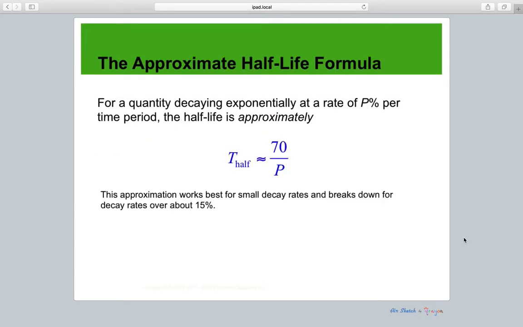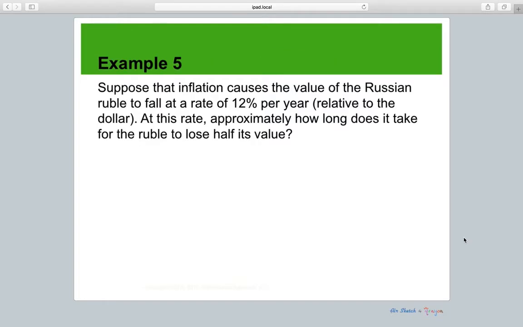Okay, so the approximation for halving time is the same as for doubling time. T-half is approximately equal to 70 over P, where P is the percent decay over a certain time period, and you only want to use this as long as P is below 15. So suppose that inflation causes the value of the Russian ruble to fall at a rate of 12% per year relative to the dollar. At this rate, approximately how long does it take for the ruble to lose half its value?